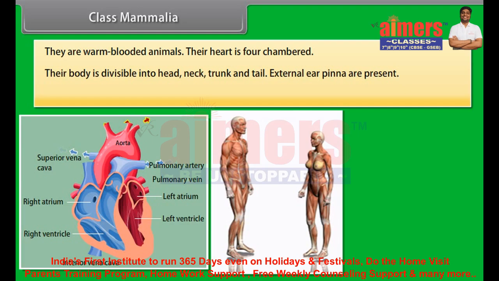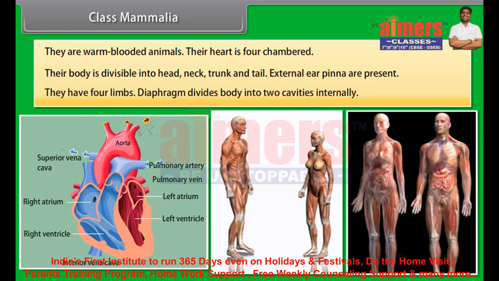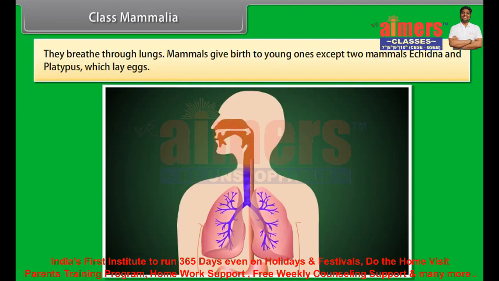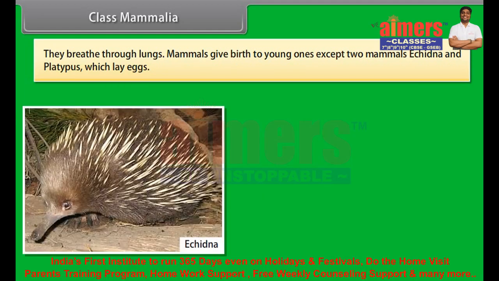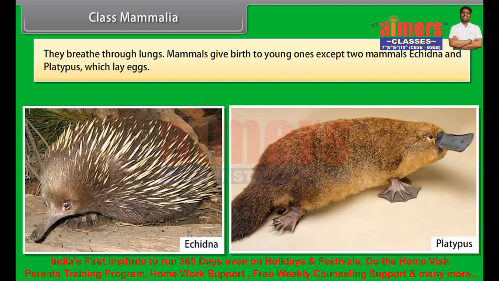External ear pinna are present. They have 4 limbs. Diaphragm divides body into 2 cavities internally. They breathe through lungs. Mammals give birth to young ones except 2 mammals, Echidna and Platypus, which lay eggs.